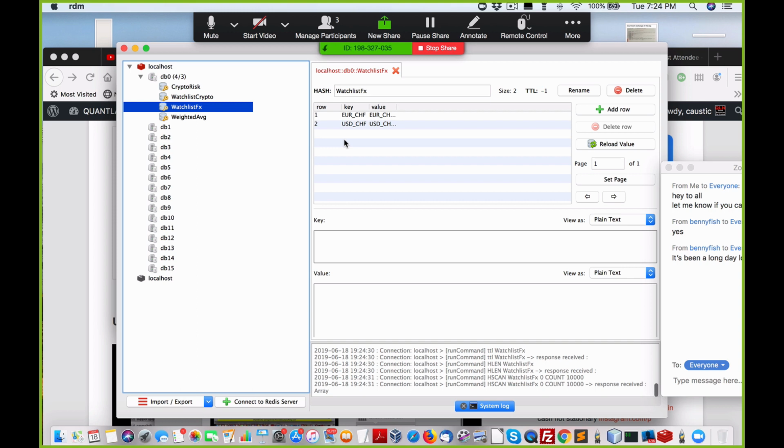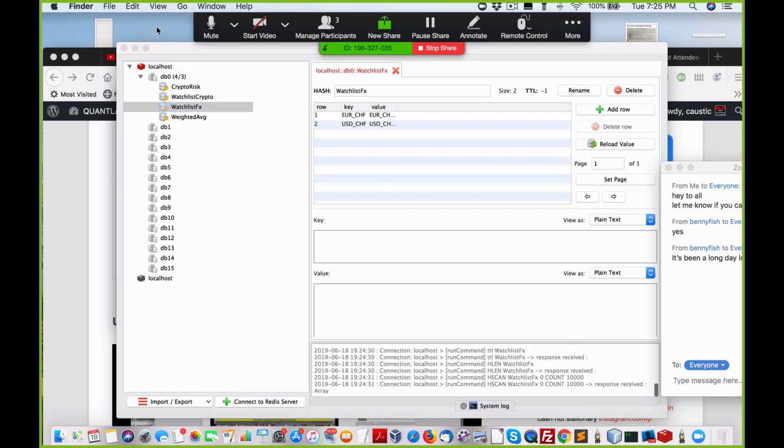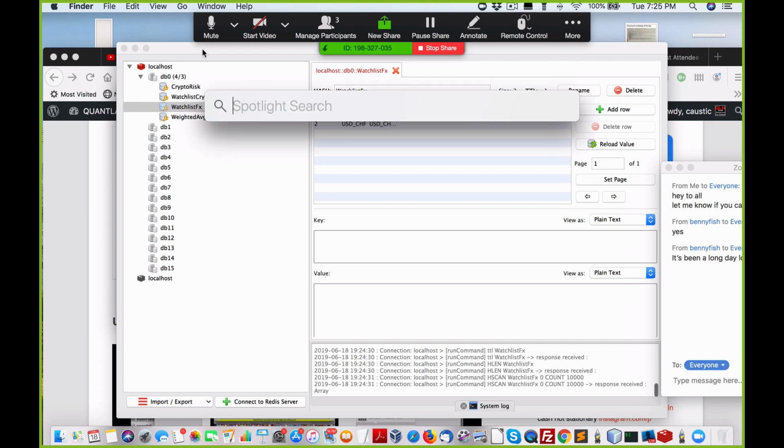I've also got an interesting one called a stop loss. Let me just show you a sample of it. It's called stop loss, take profit.